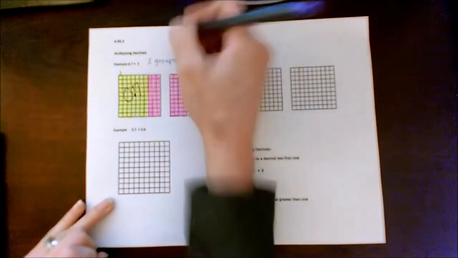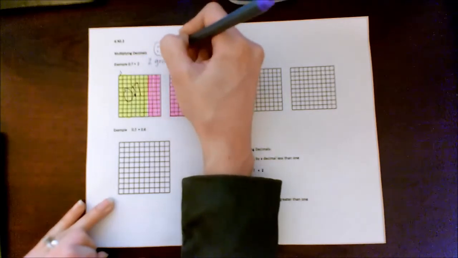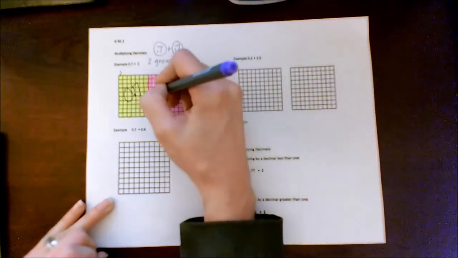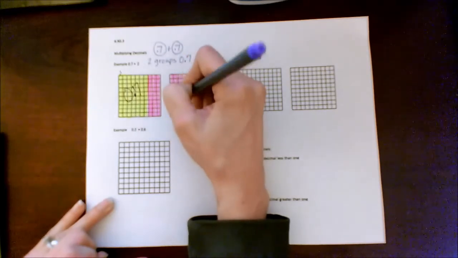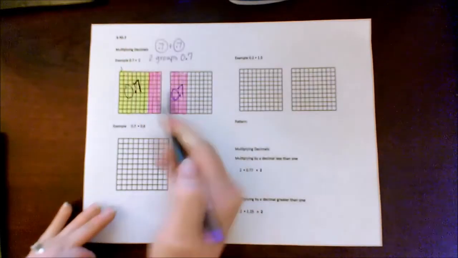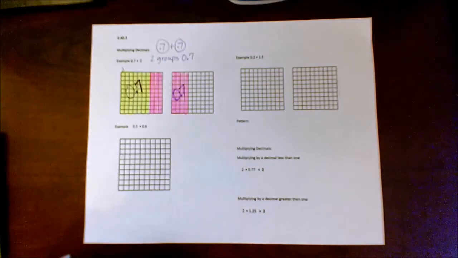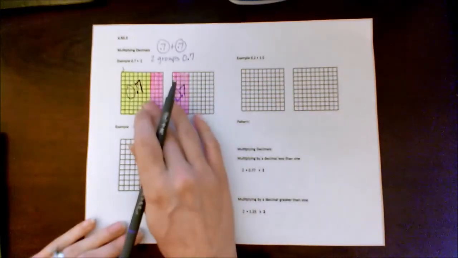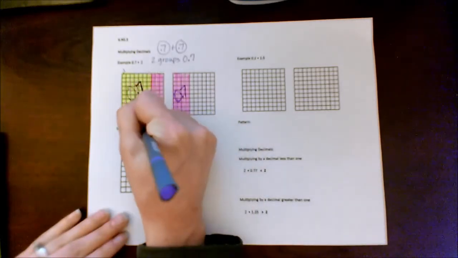Really what I'm doing in this model is thinking of these as 2 groups of 7/10, and I'm just adding these 2 groups of 7/10 together. And what I notice is that this would be that one whole. If I'm thinking of this money-wise, this would be like 7 dimes plus another 7 dimes. That would be 1 whole dollar.